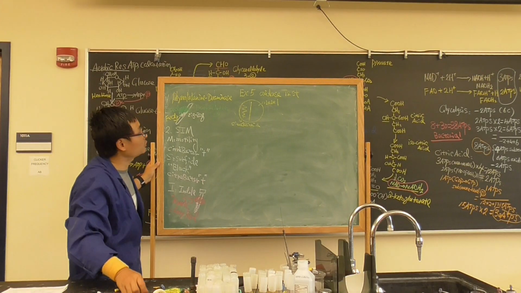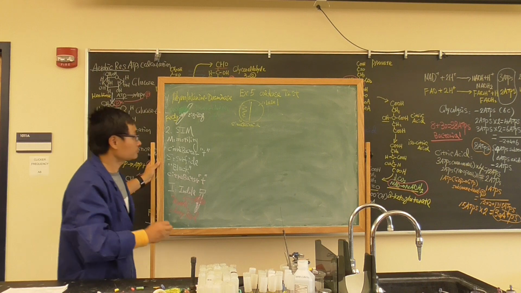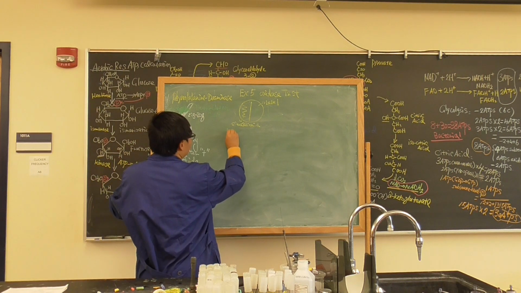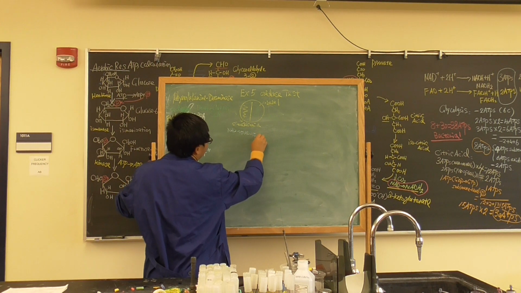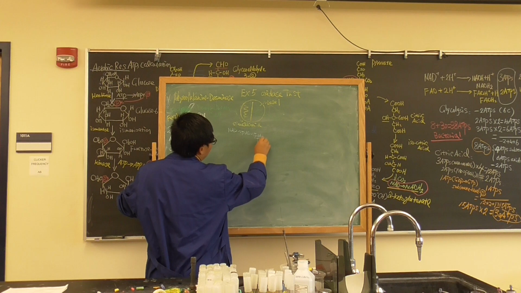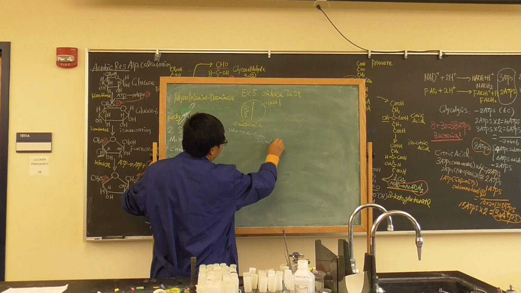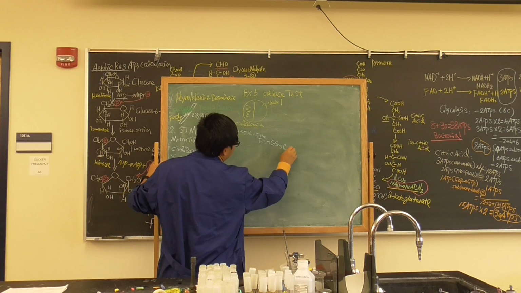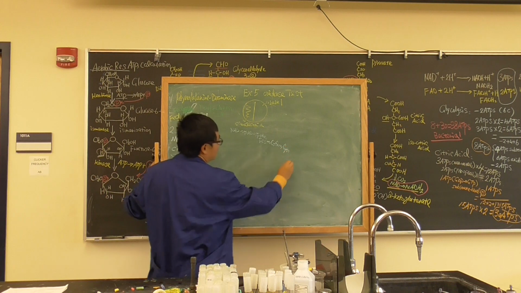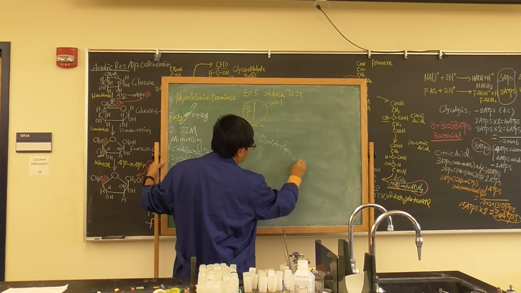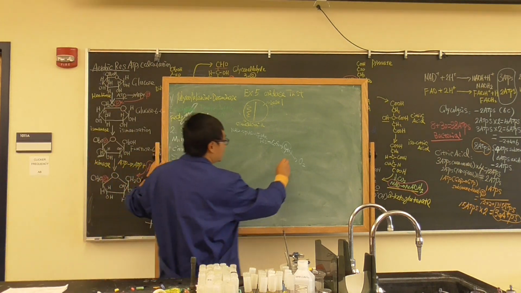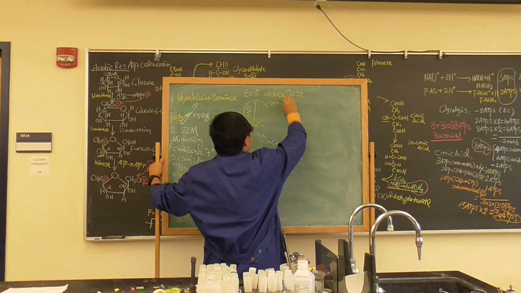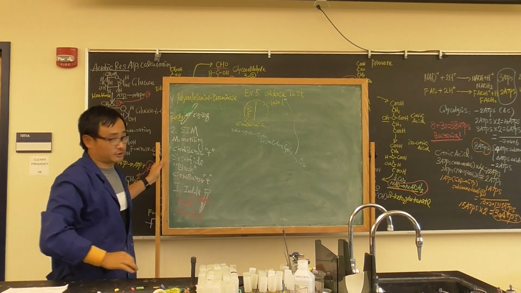Okay, what is the oxidase test? We know the electron transport chain. We just mentioned NAD, FAD, FMN, FeS, CoQ. Then you go to cytochrome. When you go to cytochrome, you go to oxygen. There's cytochrome A, cytochrome C. They need an enzyme, which is oxidase.